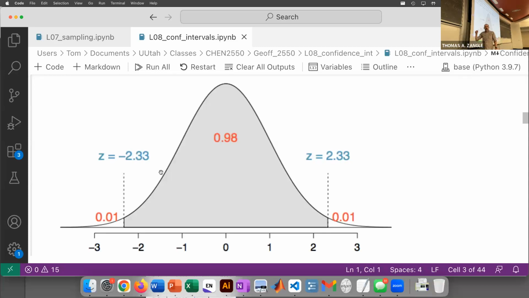So if alpha were 0.05, we would have 95% of the area. We're looking for the z-scores in which we have 95% of the area under this curve, meaning there's 2.5% on either side as we go out, right? And we knew that that occurred at a z-score of plus or minus 1.96.